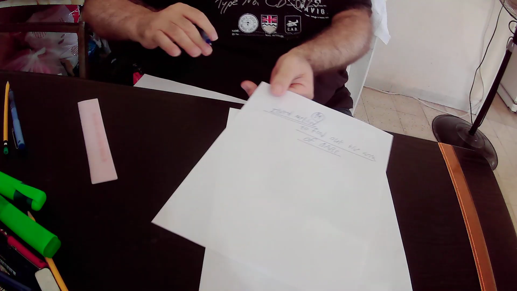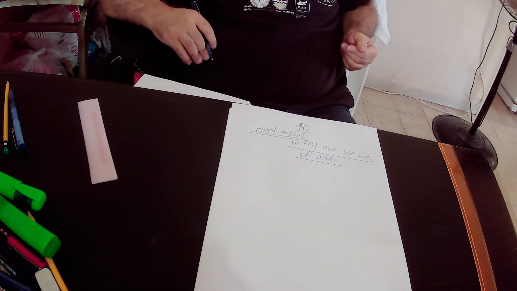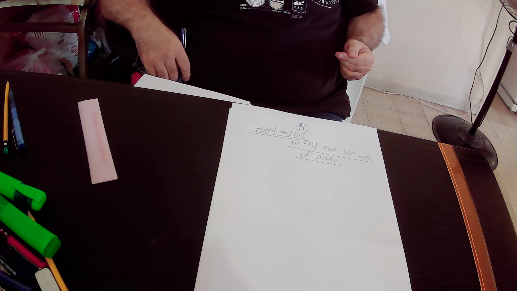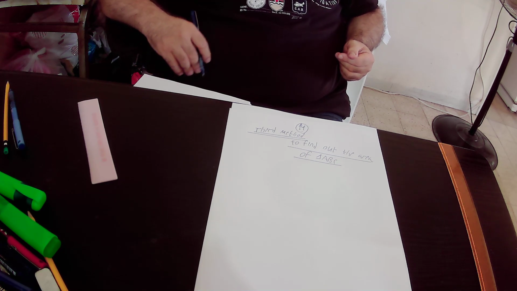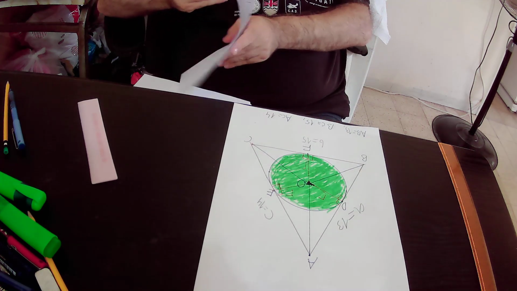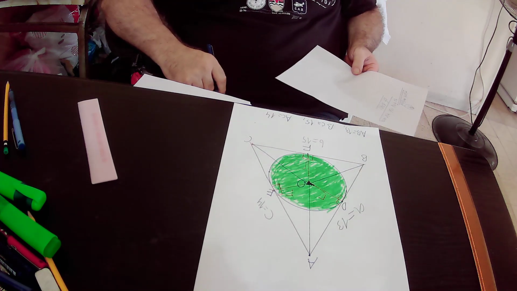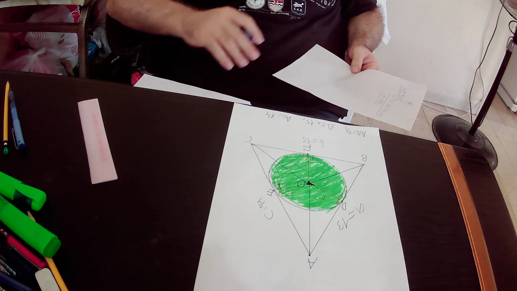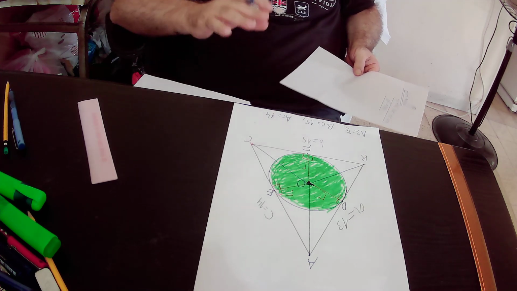Again, I will present to you a third method to find out the area of triangle ABC. In the third method we will divide triangle ABC into two right triangles.